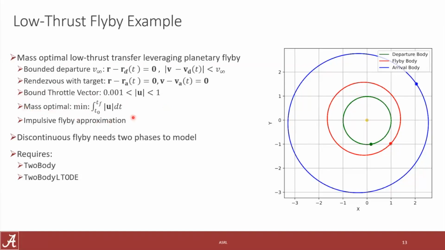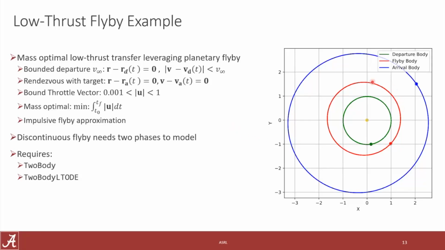Then we're adding a mass optimal objective. So our objective function is going to be to minimize the integration of our control vector for the whole transfer. We're going to use an impulsive flyby approximation. So we're going to do a flyby of this body, and we're going to have a discontinuous flyby constraint.